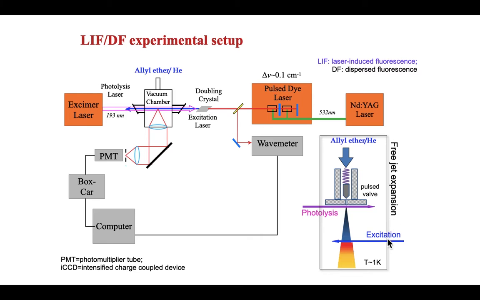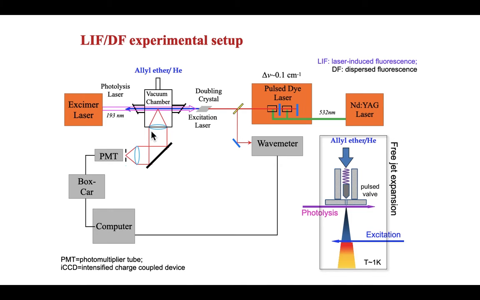The whole process happens adiabatically. Here, an excimer laser or photolysis laser is used to produce the alkoxy radicals, and a pulsed dye laser pumped by the second harmonic of an Nd:YAG laser is used to excite the LIF transitions. The whole system is inside this vacuum chamber.